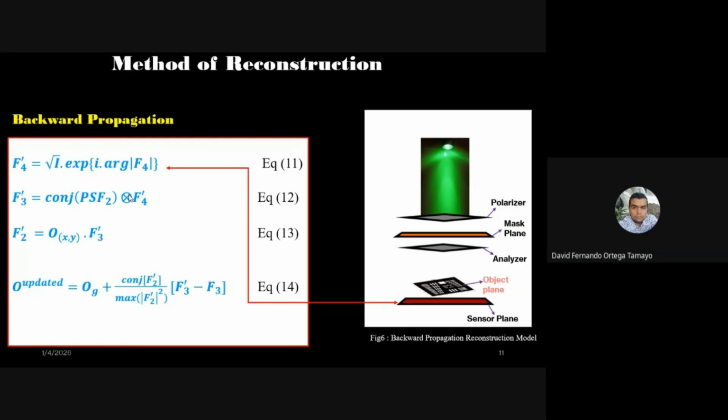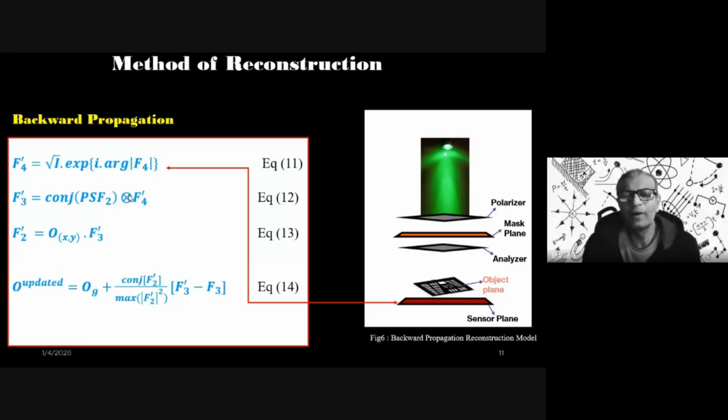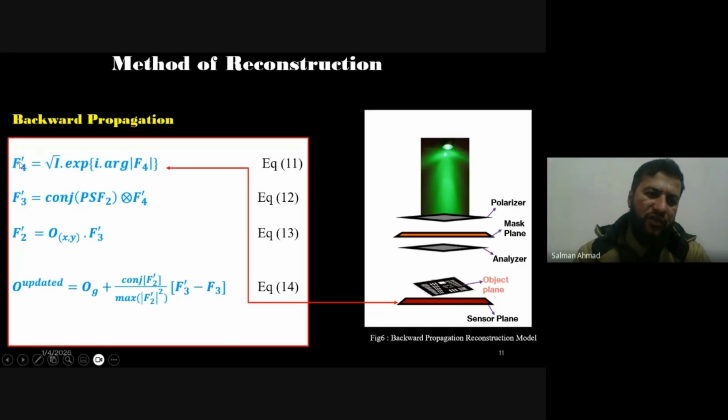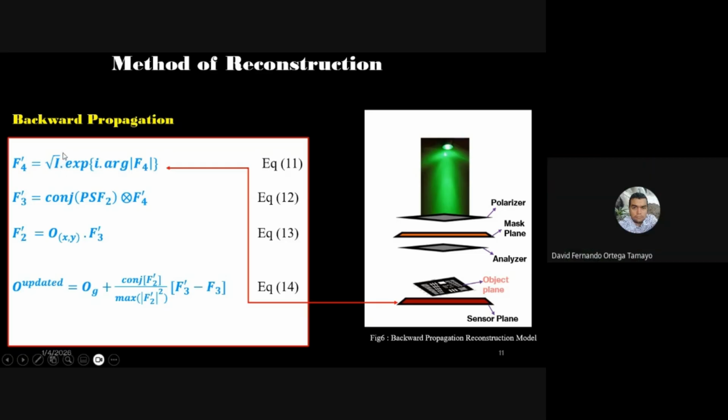And the F with the prime, the comma, is like an inverse operation. For example, F prime is actually a backward propagation. That's why I use F prime here. In this case, F3 and F prime 3 are different because one has the prime.